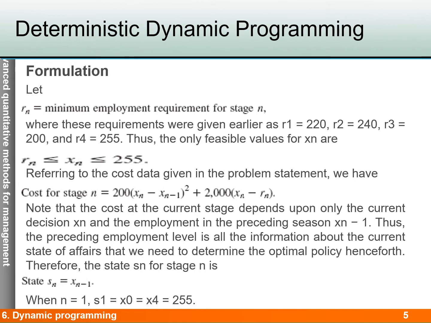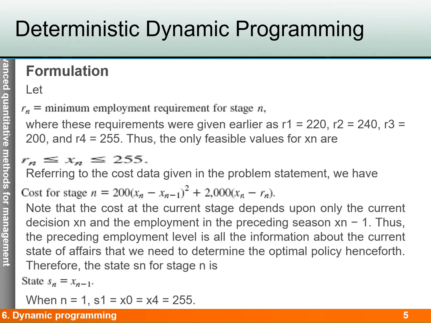So this relationship is very important. Whatever we have in season n is exactly the decision variable that we made. What is this decision variable based on? The hiring or firing. So when we finish summer, the number that we finish the summer with is exactly the availability of the autumn.